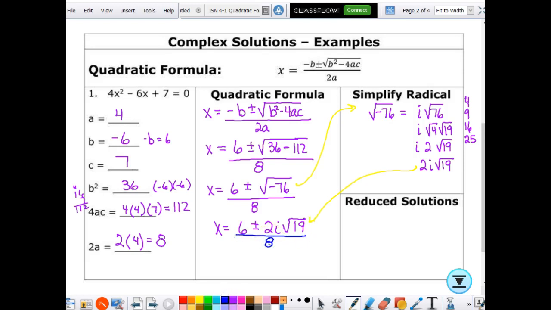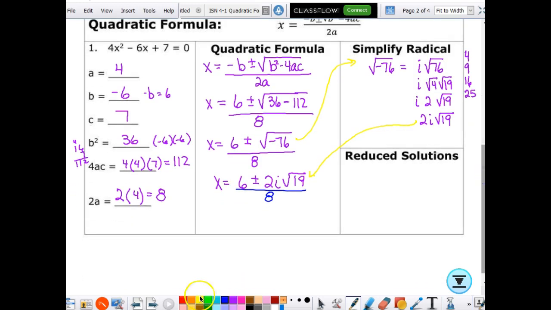I have done that before plenty of times. Then, like we discussed in the other problems, if 2 and 6 and 8, you don't need to circle the i, but if they can all divide by the same number, then you reduce them. 6 and 2 and 8 can all divide by 2. 6 divided by 2, okay, all divide by 2.